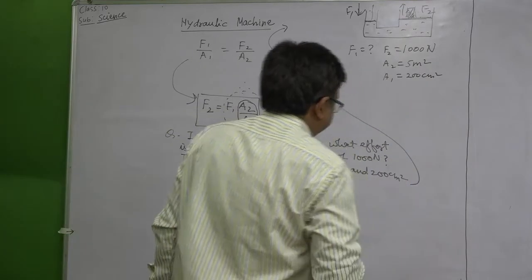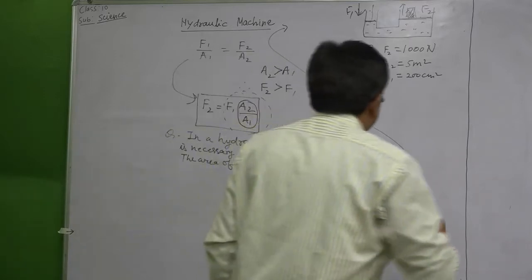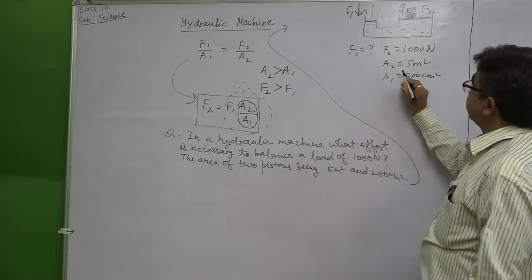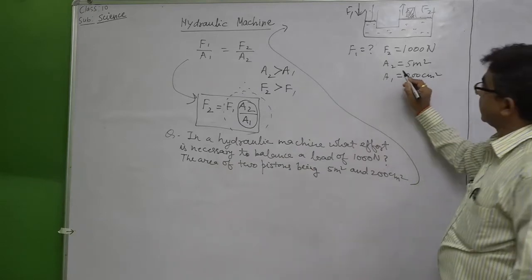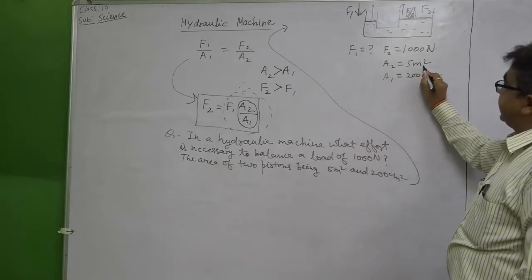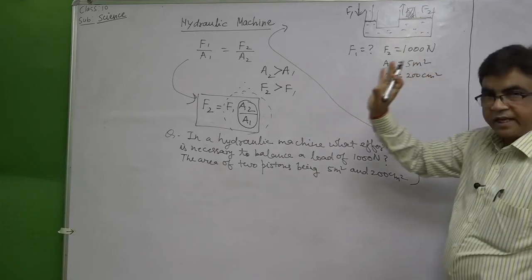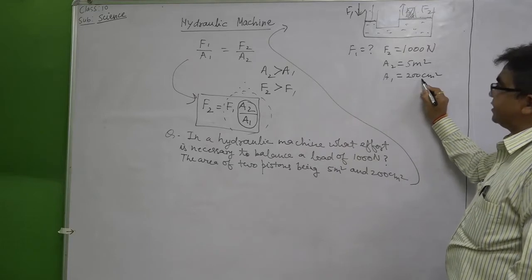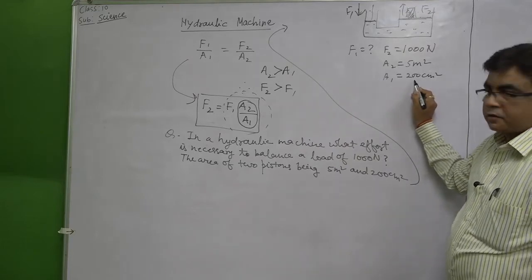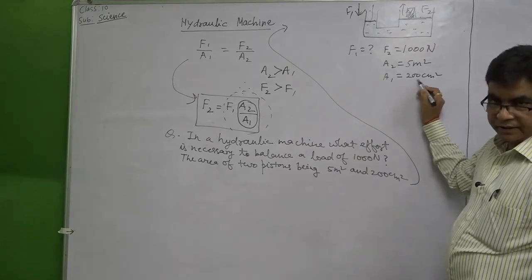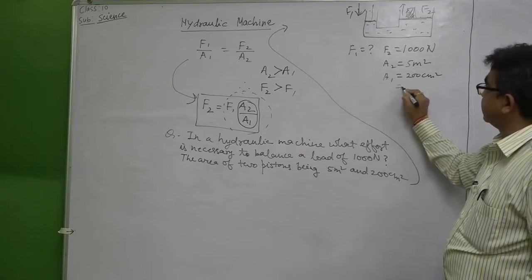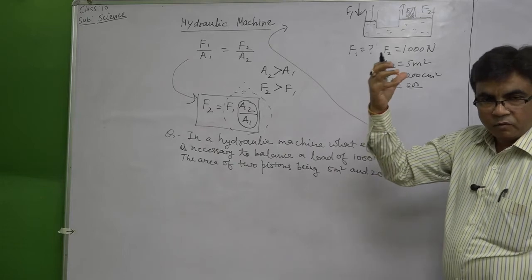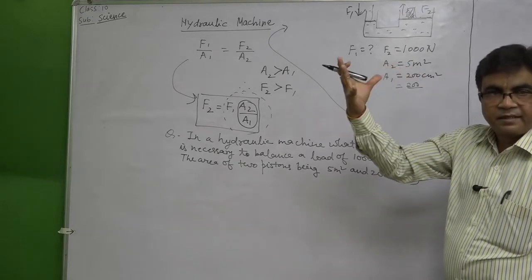Now look here. This is A2, 5 meter square, which is the SI unit. But this is 200 centimeter square, so you have to convert it into meter square. You know that 1 meter is 100 centimeter.